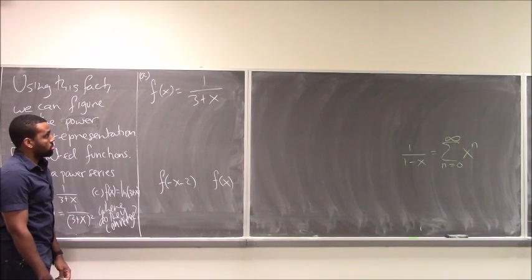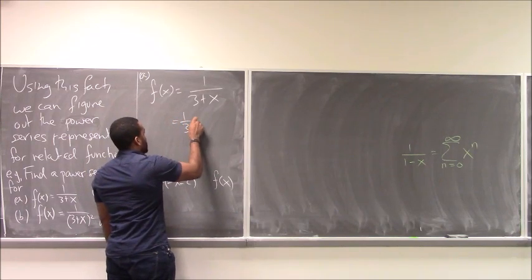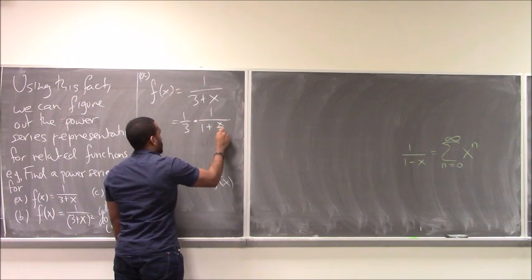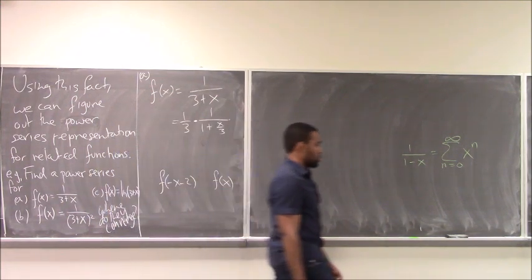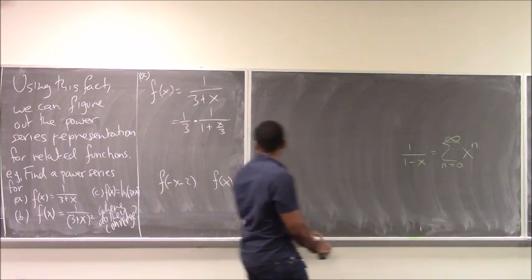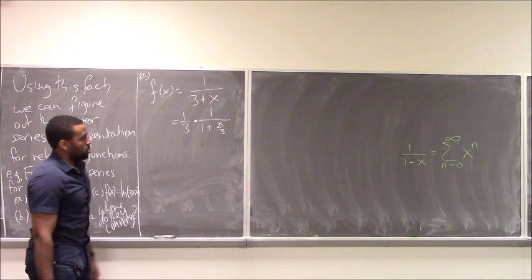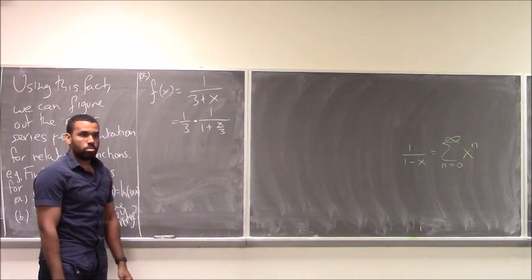Factor out 3 from the bottom, so that's 1 plus x. Okay, so if you factor out a 3, we would have 1 plus x over 3, right? That's completely legal, not changing any values, not rewriting any functions, not plugging in anything anywhere. So I just have the constant 1/3 and this, anything else I can do?